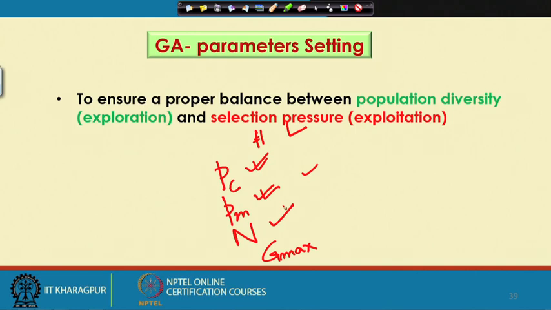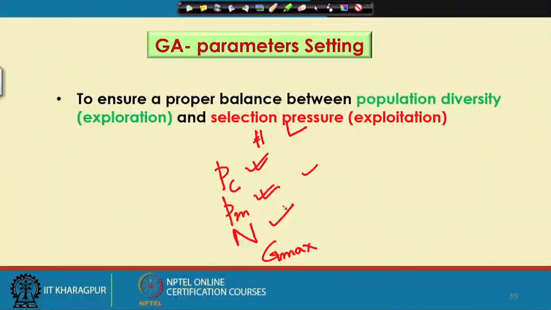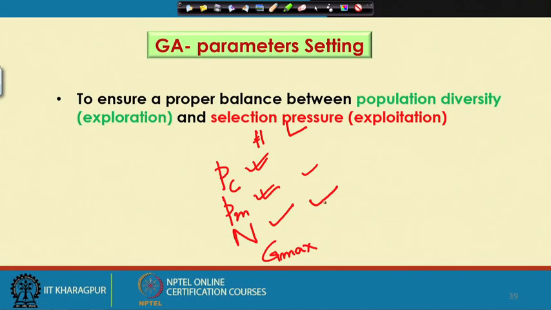Now, let us see what happens if I take a very high value for the population size. If I take a large population size, the GA search will be proper, but at the cost of more computation. On the other hand, if I take a small value for N, the search will not be proper and there will be a chance of premature convergence.